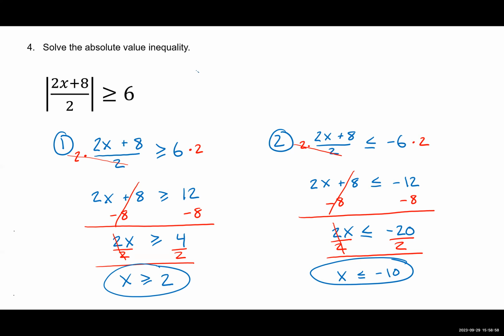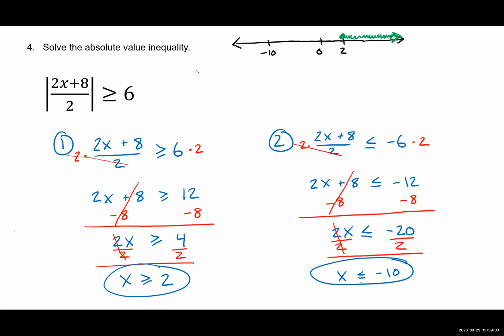So just like we did with the previous problems, I'll graph the answer and also give the answer in interval notation. So 2 is somewhere to the right of 0, and -10 is somewhere over here to the left. X is greater than or equal to 2. So we have a closed dot, shaded dot, and we shade everything to the right.